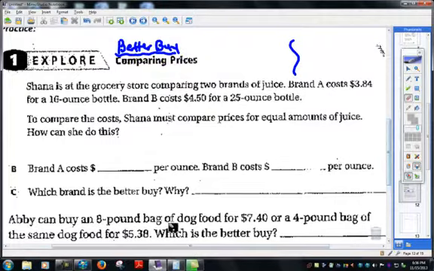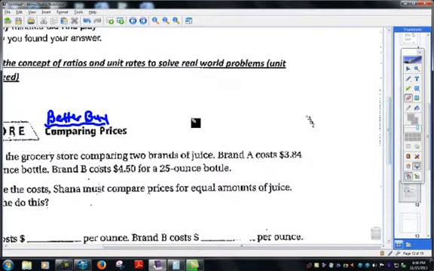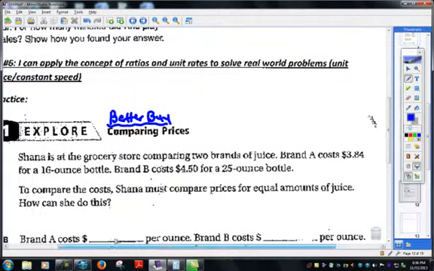And the key here, and I would like you to write this up here, is we just got to figure out the unit rate. Now keep in mind, there are some instances where you can find the unit rate, in this case per ounce, or you could figure out per dollar.